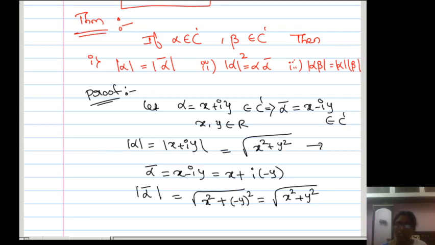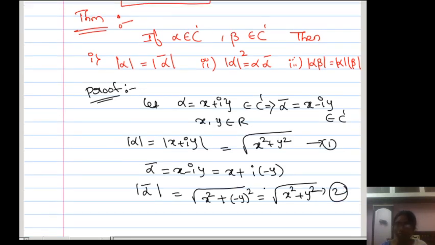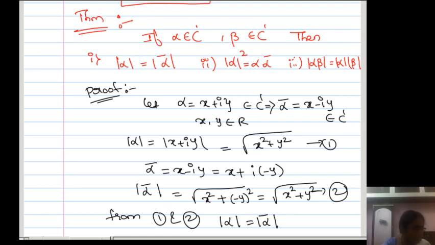So from this I give the conclusion that mod alpha is equal to mod alpha bar. Whatever the complex number, its modulus is also equal.